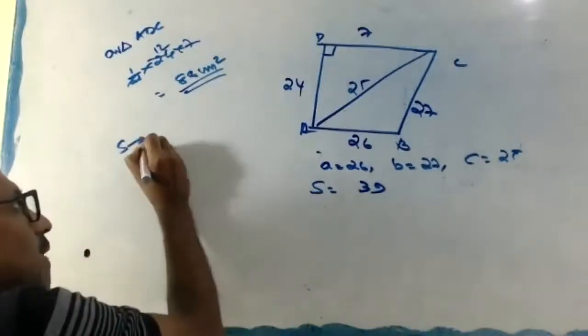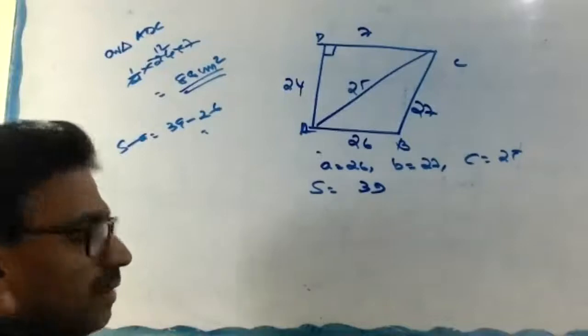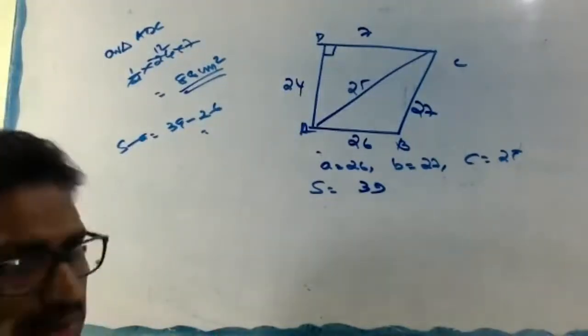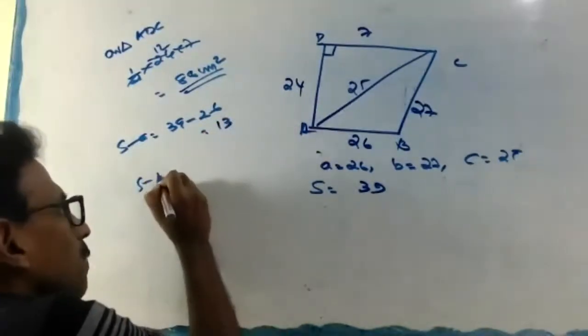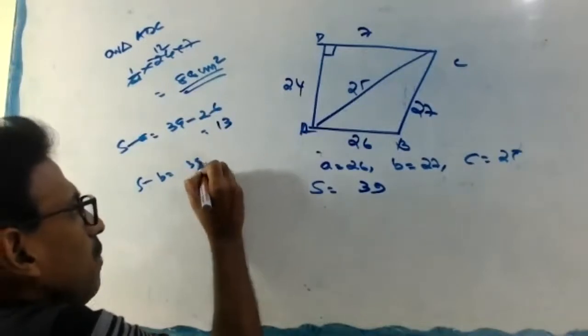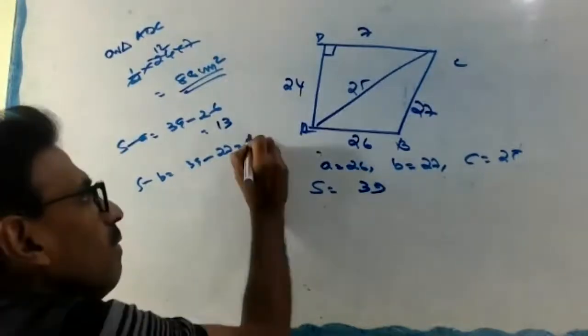S minus A: 39 minus 26, how much? 13, right? S minus B: 39 minus 27, that is 12.